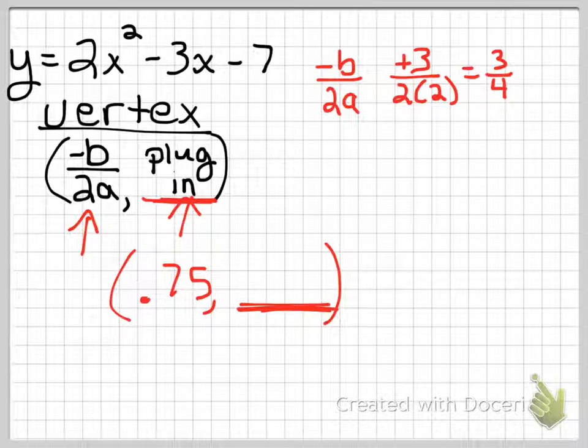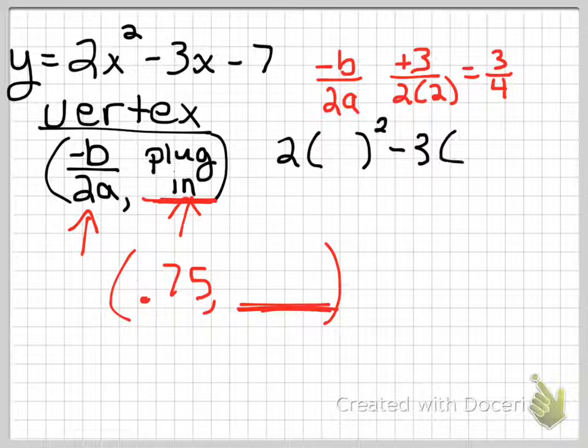Now I'm going to plug that in to get my y value. Remember, to get the y value of the vertex, you plug in. So I'm going to have 2 parentheses squared minus 3 parentheses minus 7. I'm going to plug in that 0.75. So 0.75, 0.75, and we'll put it in the calculator. 2 times 0.75 squared minus 3 times 0.75 minus 7.